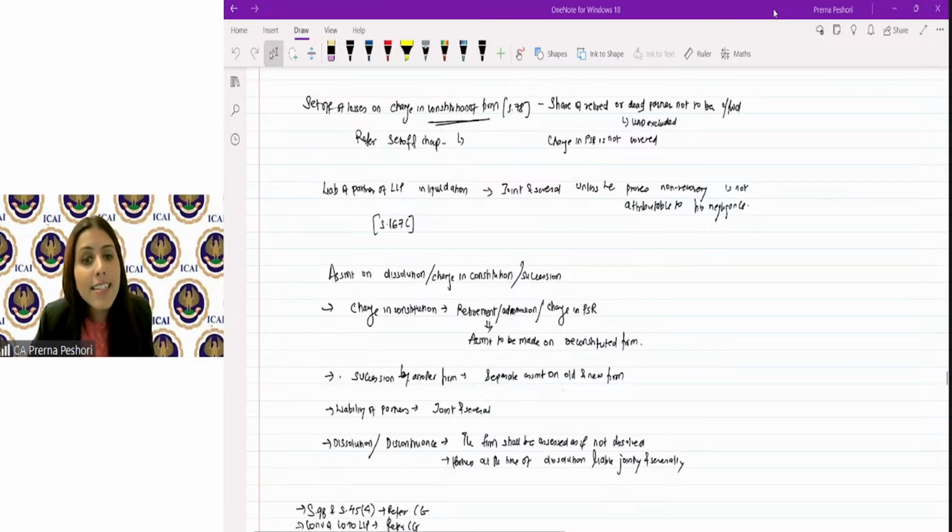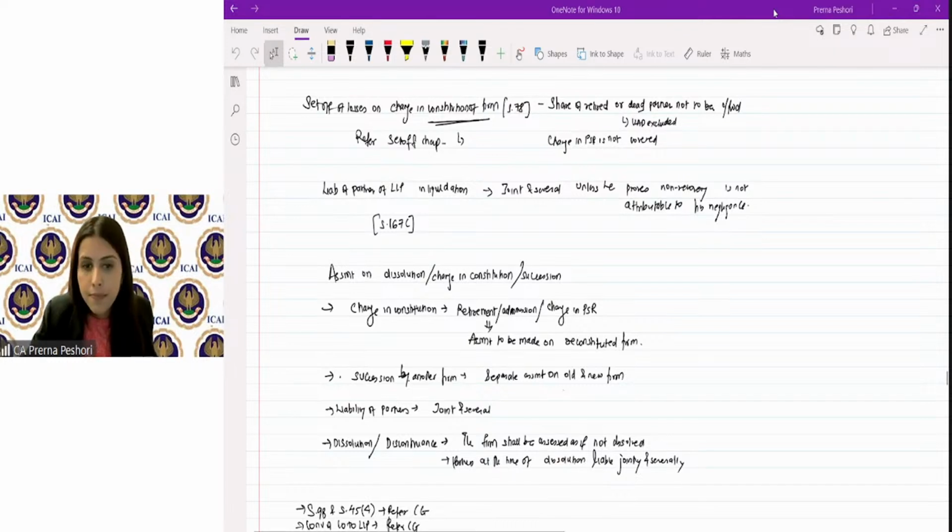And in case there is a succession which is happening, then the assessment also will be made on the successor if there is any assessment which is pending on the predecessor. So any assessment which is pending on the predecessor will now be made on the successor.